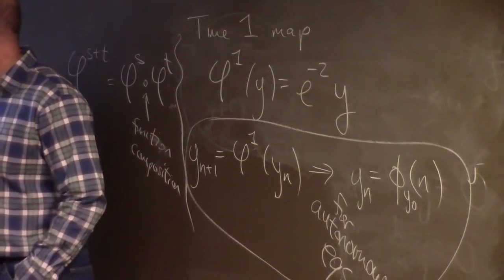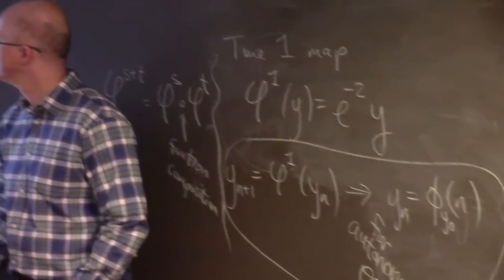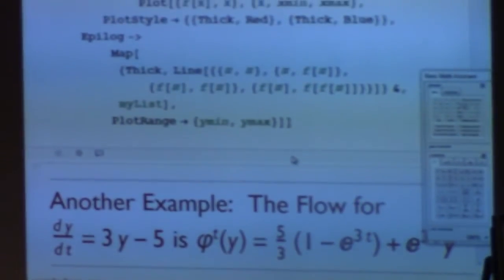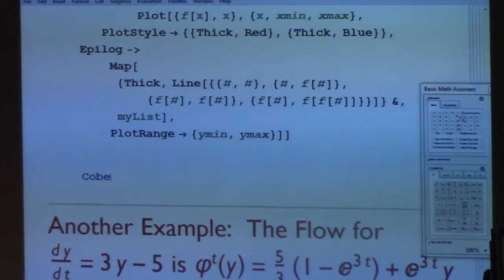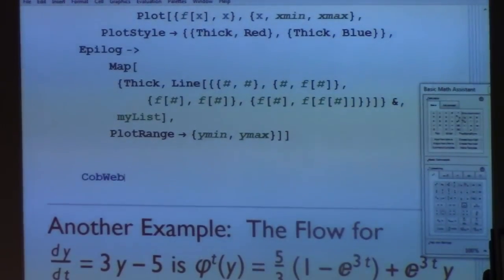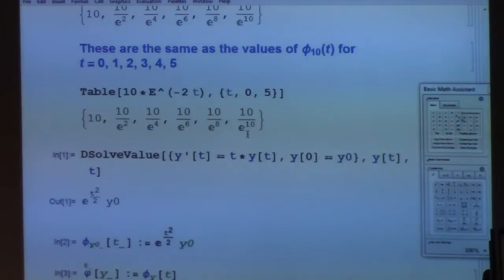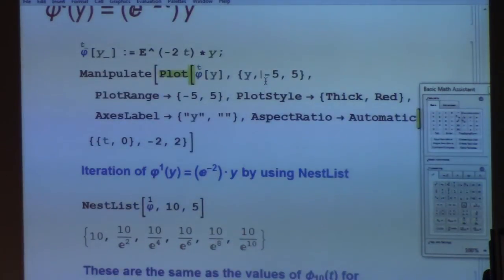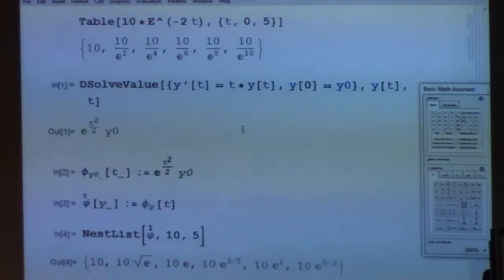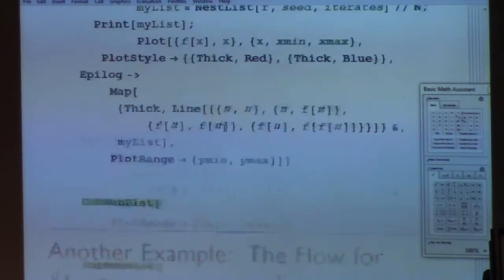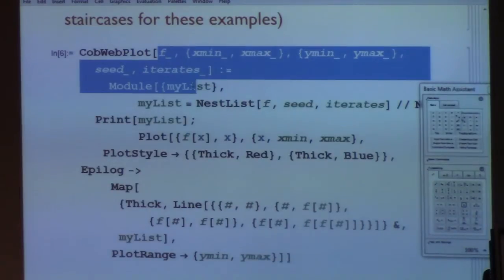By the way, I do have some other code in here called cobweb plot. I call it the cobweb plot. That can be used to create pictures of those staircase things. Actually, let me go back to my original example. This is code that I created when creating my own mathematical function here.